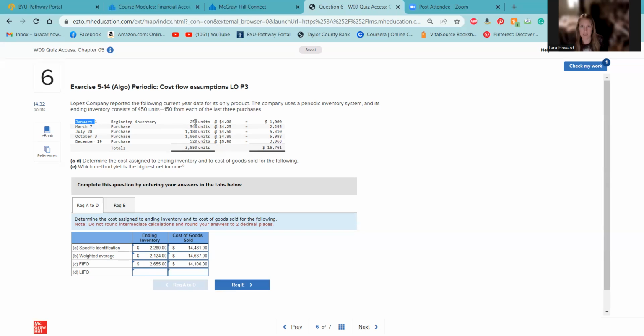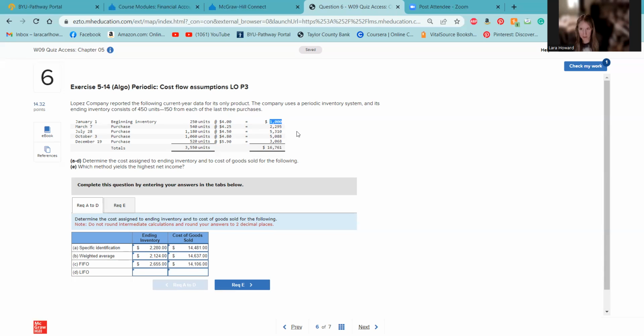So we're going to take all of these 250 units times $4, which is already done for us, $1,000, and then another 200 units from this one times $4.25, which gives us $850.